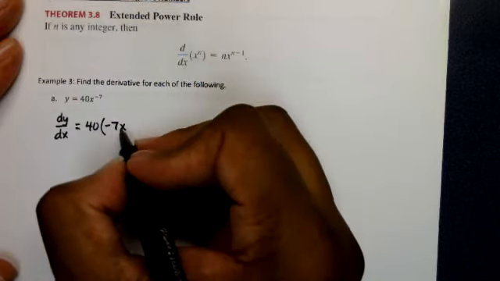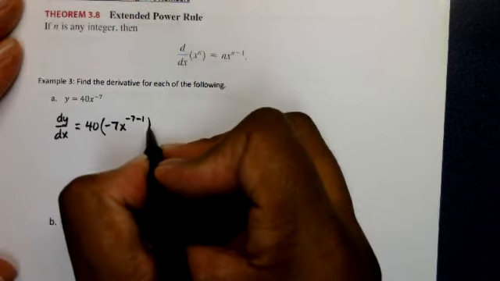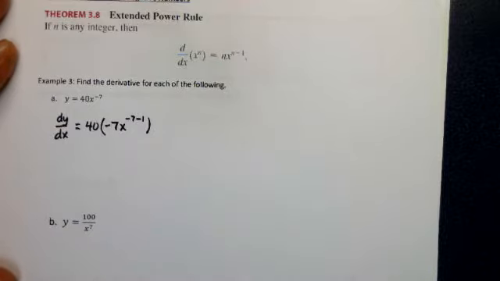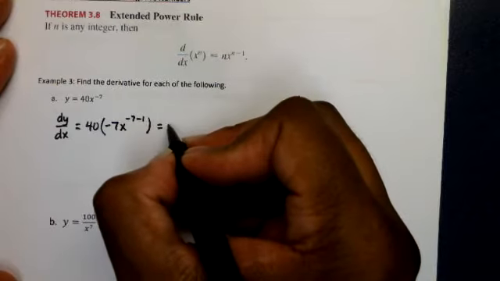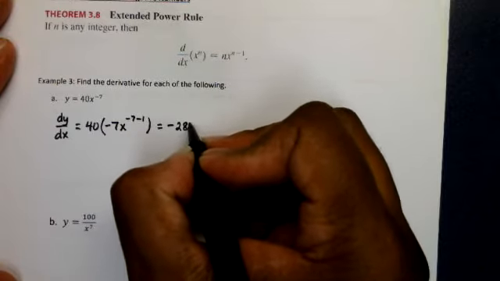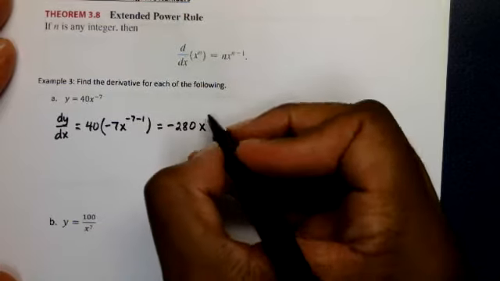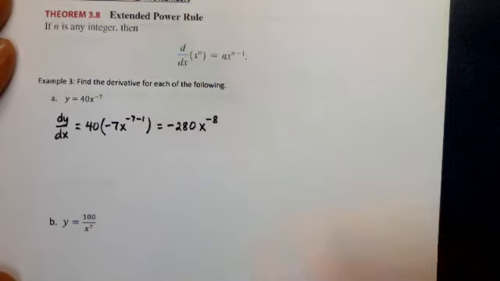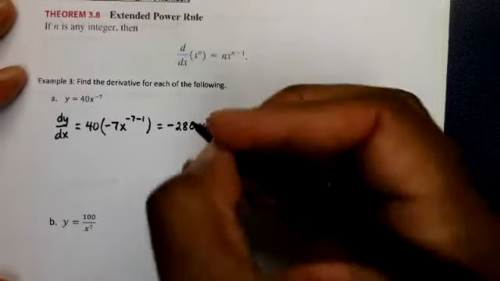So you do that, copy the x over. This will be to the negative 7 minus 1, because that's to the 1 less power. Simplify this, this will be 40 times negative 7. That's negative 280. Bring over the x. If you do negative 7 minus 1, you're going to get negative 8. So I have negative 280 times x to the negative 8.